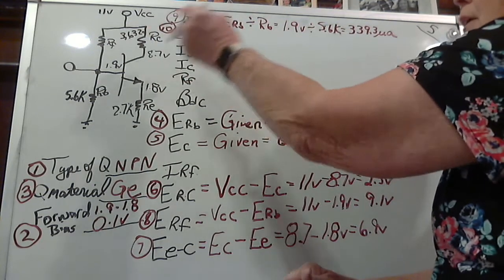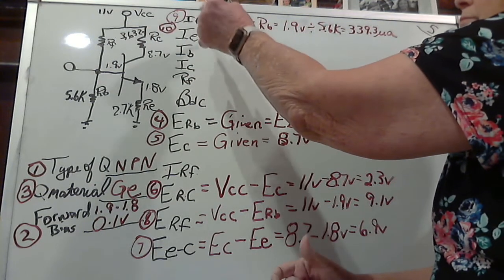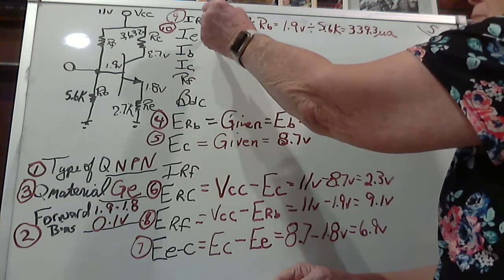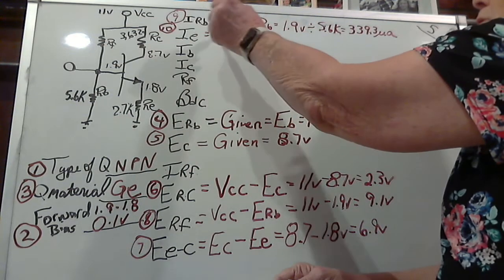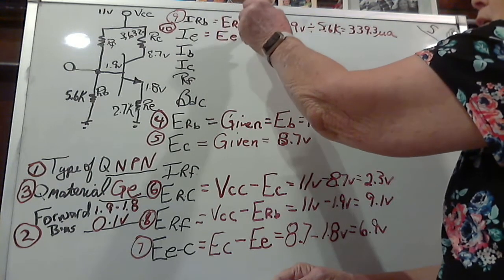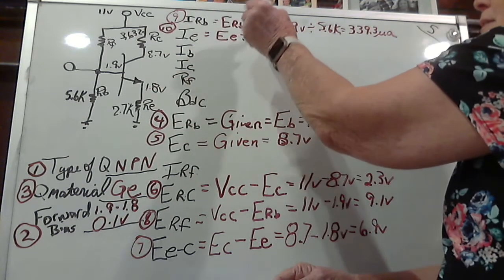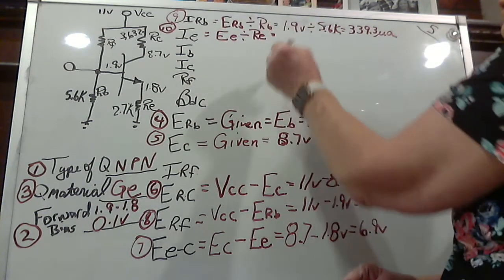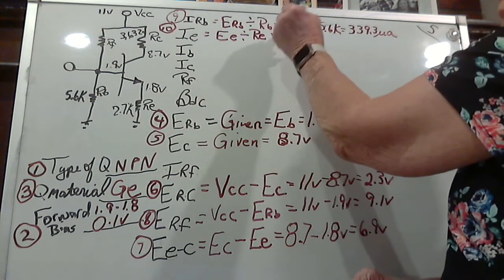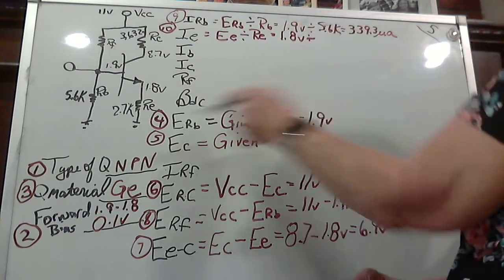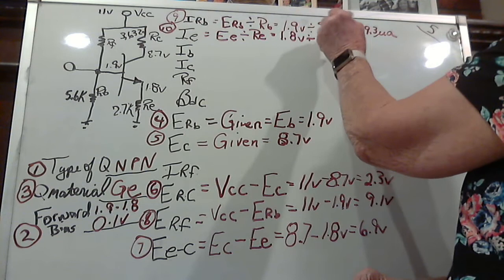Again, we probably could have done this earlier, but I went ahead and did some easier ones first. So this is equal to that voltage drop across the emitter divided by the resistance of the emitter. That will equal that 1.8 volts divided by the 2.7 k ohms.